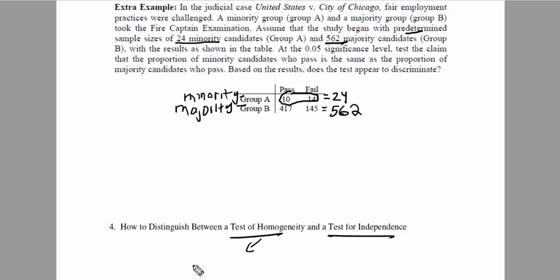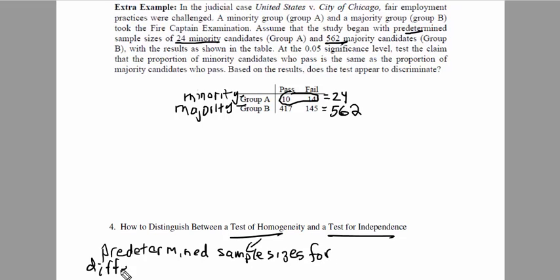So that is how you determine between a test of homogeneity and a test for independence. Homogeneity tests have predetermined sample sizes for different populations, like this example does.